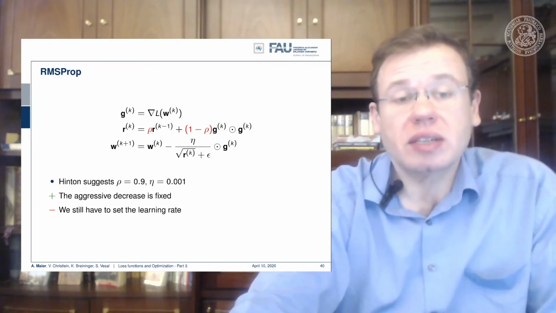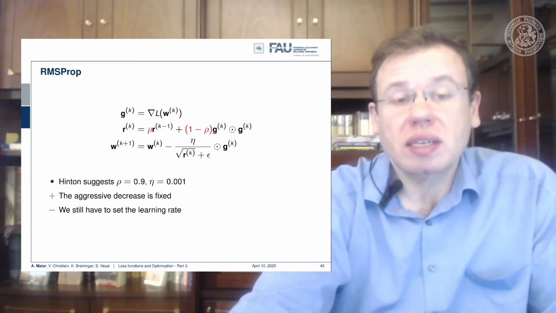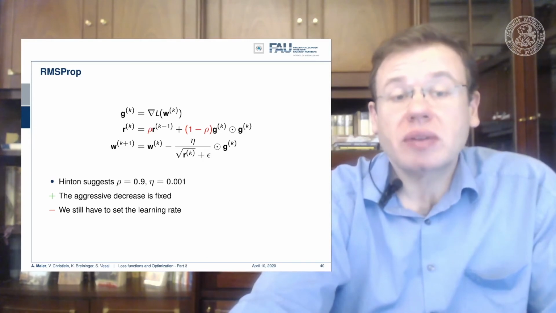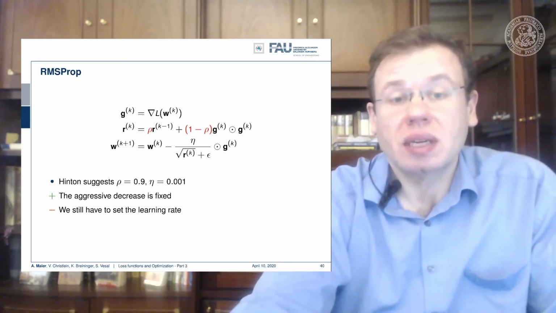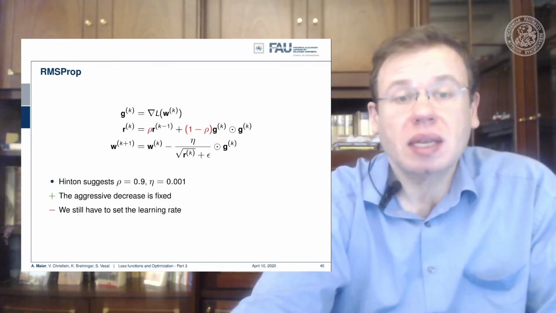So Hinton suggests rho 0.9 and eta 0.001. And this then leads to the aggressive decrease being fixed, but we still have to set the learning rate. If you don't set the learning rate appropriately, you run into a problem.